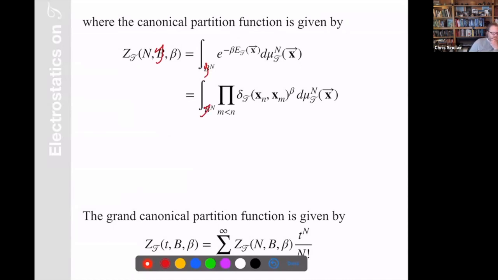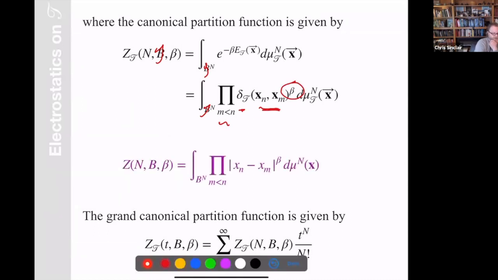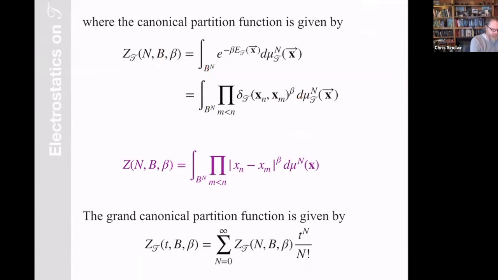But at any rate, this is an integral of the product of the distances between the particles raised to the beta power. If you think about the classical case, this was the classical p-Adic case, you have the exact same sort of expression. We just wrote that in terms of the p-Adic absolute value because that's how the distance was defined.